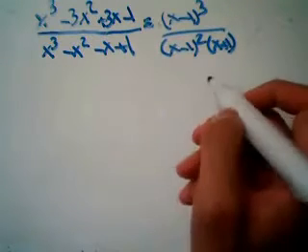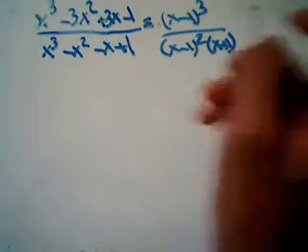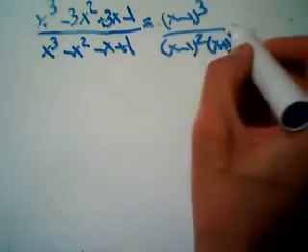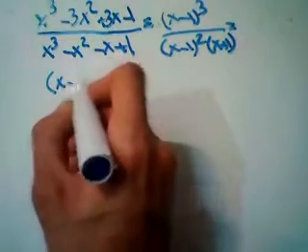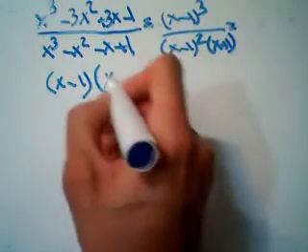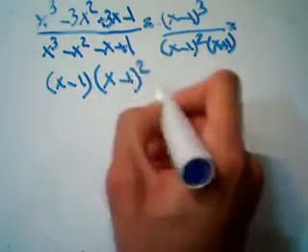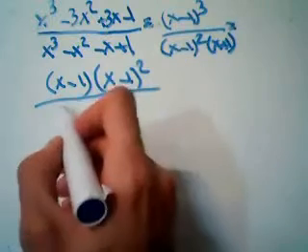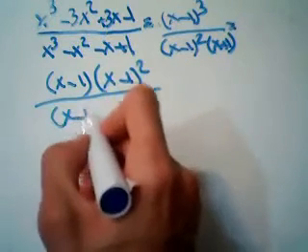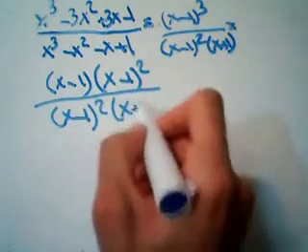Okay. Now, this is equal to (x minus 1) times (x minus 1) squared in the numerator, and the denominator is this one.